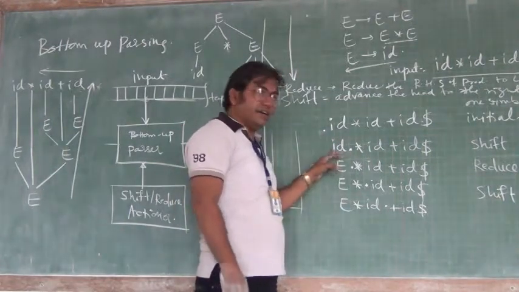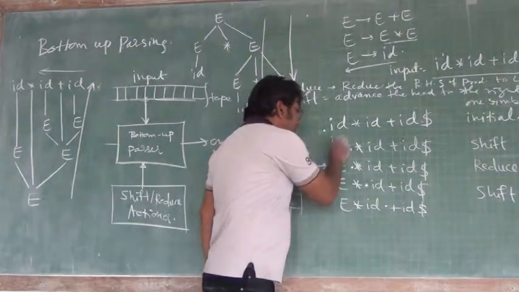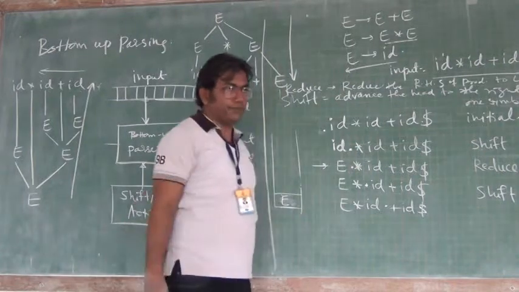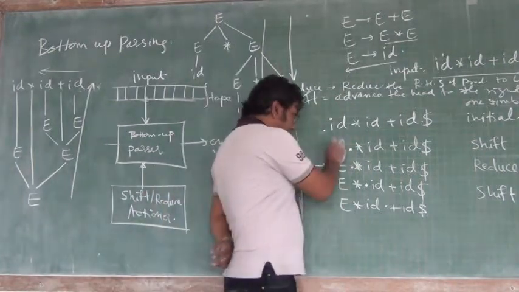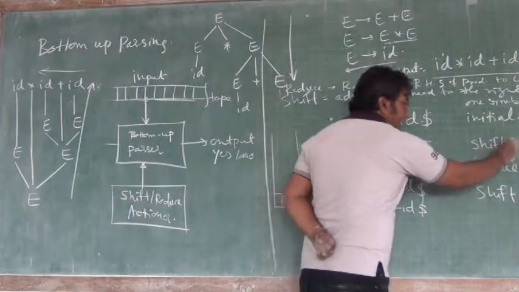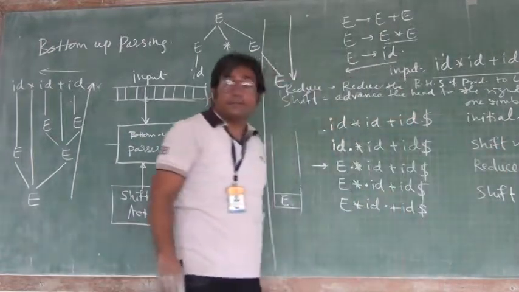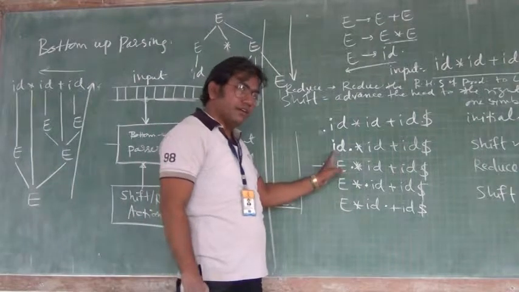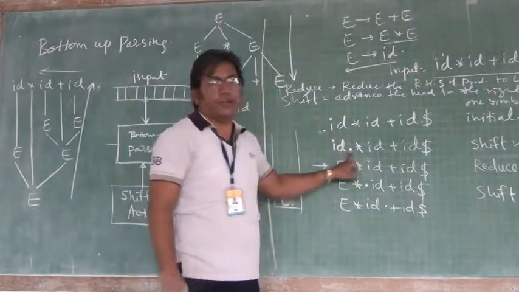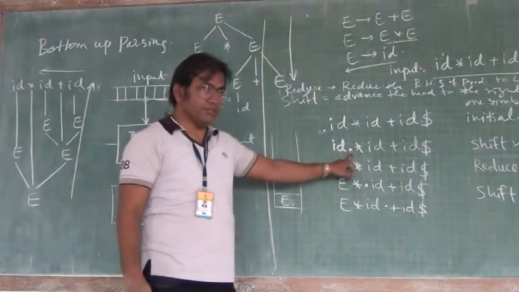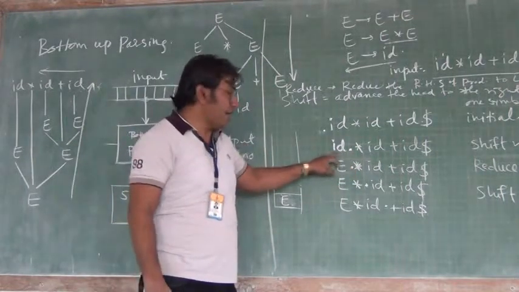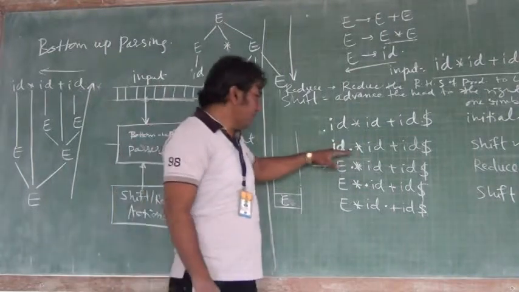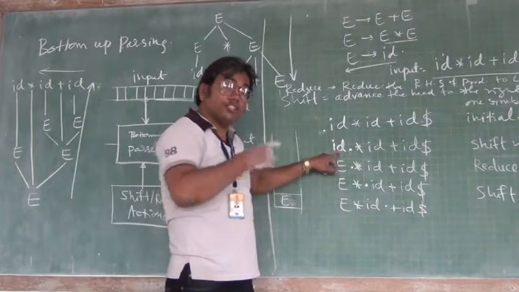Means I just read ID and my head is here only. So I got this configuration because I did the shift operation. मैंने शिफ्ट किया, इसीलिए मेरा हेड यहाँ से यहाँ शिफ्ट हो गया। और शिफ्ट किया मतलब मैंने आईडी को, एक सिंबल को रीड किया, ठीक है.